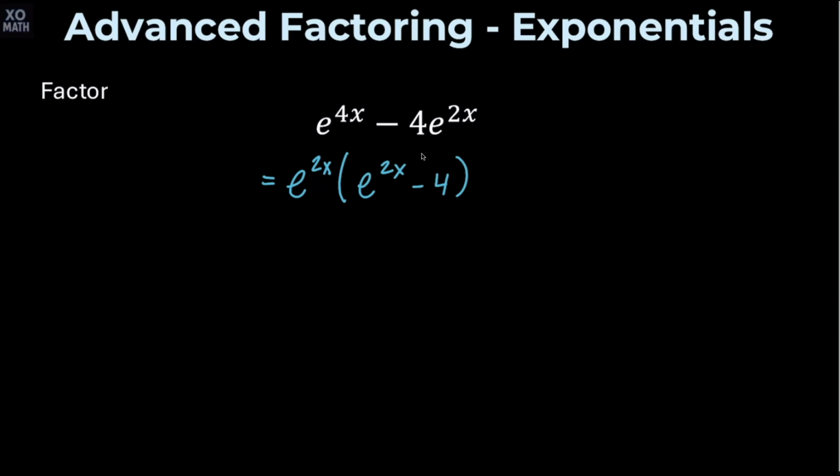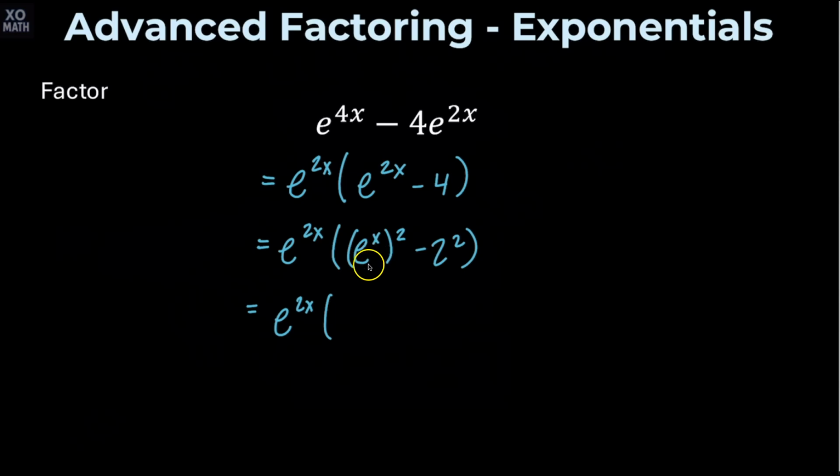So we have factored out a greatest common factor, but what I'm left with is something that can be factored further. This is actually a difference of squares. I'm going to rewrite it so that I can see it more clearly. So e to the 2x is e to the x, quantity squared, and 4 is 2 squared. I'm not going to do a substitution this time. I'm going to simply apply what I know about the difference of squares.